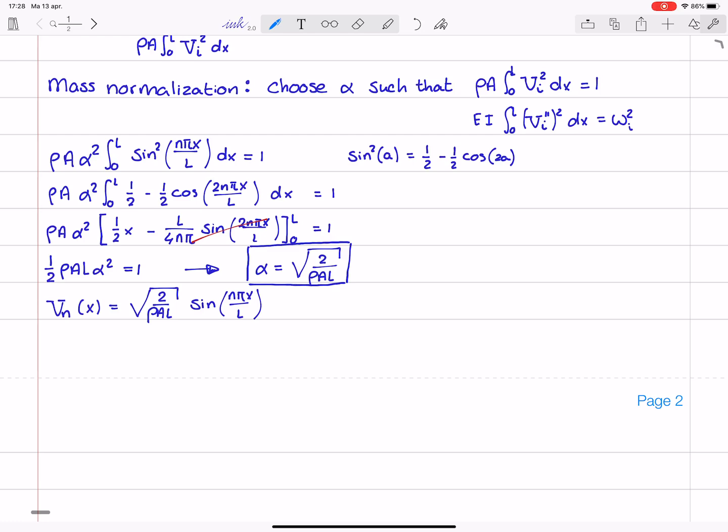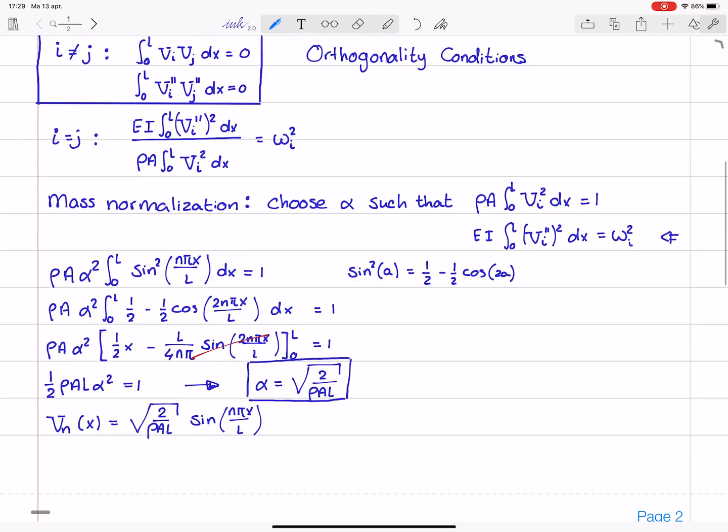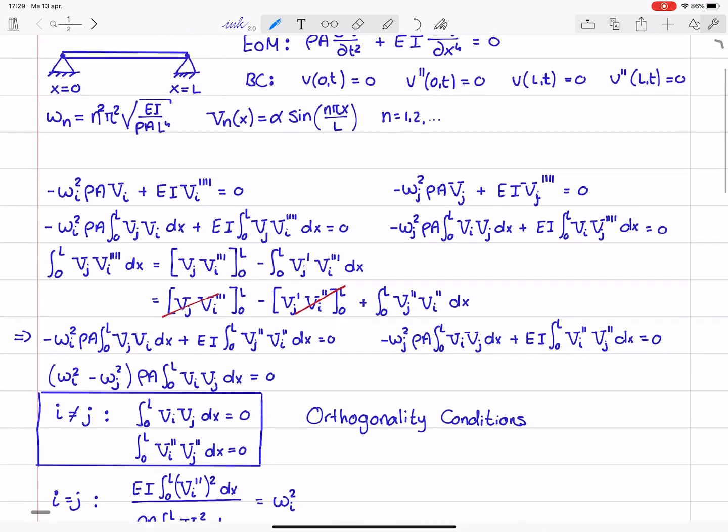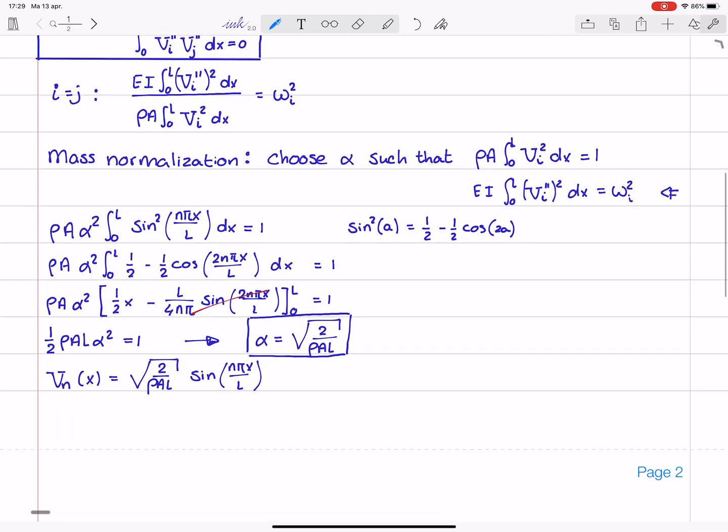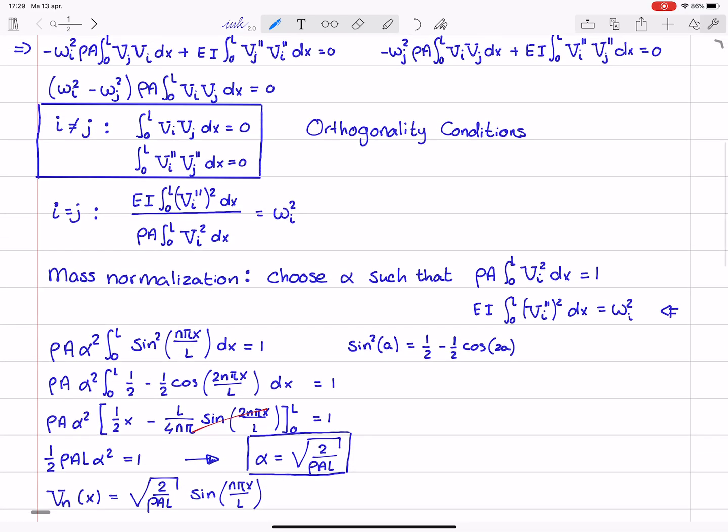That means if we use this value of alpha and compute this integral, then indeed the result will be the expression for the natural frequencies of our specific problem squared. But I will leave that up to you as an exercise.